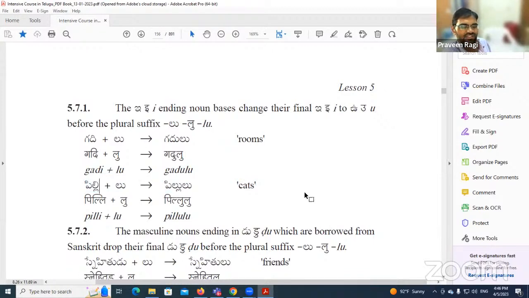For example, illu. When we want to speak in plural form, illu means home, like houses or homes. It will be illu, because lu is there already. If we make it illulu, it doesn't sound good, so we change it to illu like that.